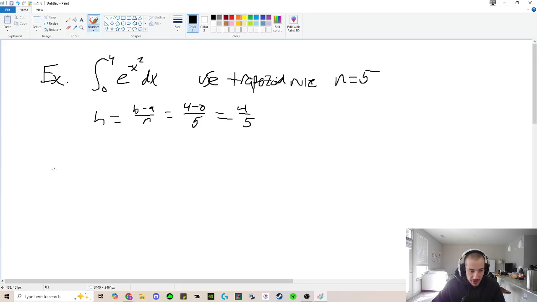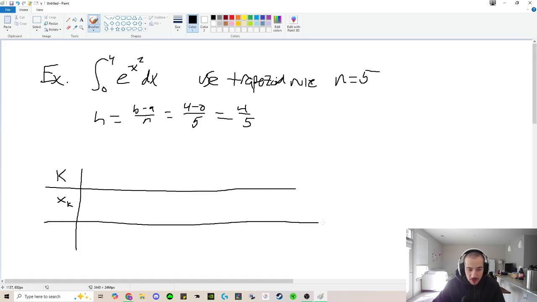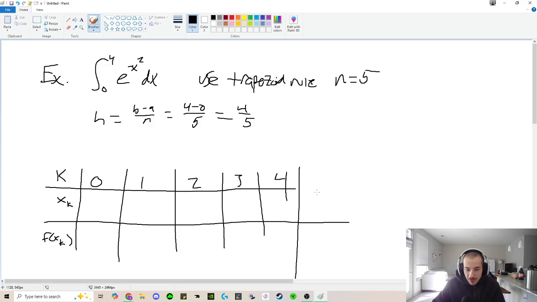So let's go ahead and make our chart, xk here, and f of xk. So when k is 0, 1, 2, 3, 4, and then 5, this is just what step we're on.